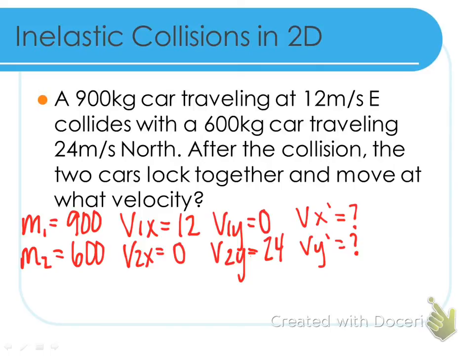So we're dropping off quite a couple of variables here because we're not having to solve for each of those objects' final velocity components.